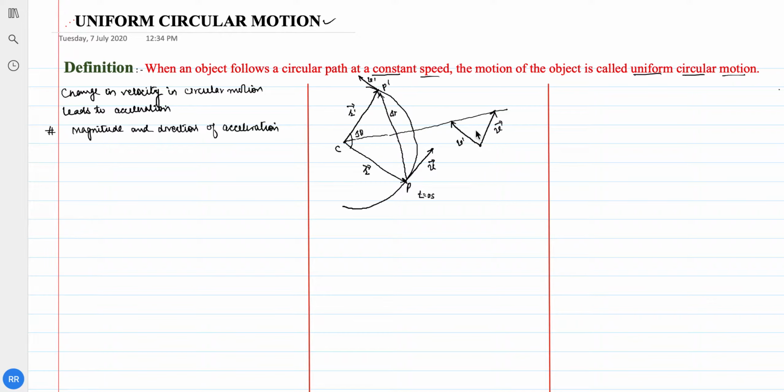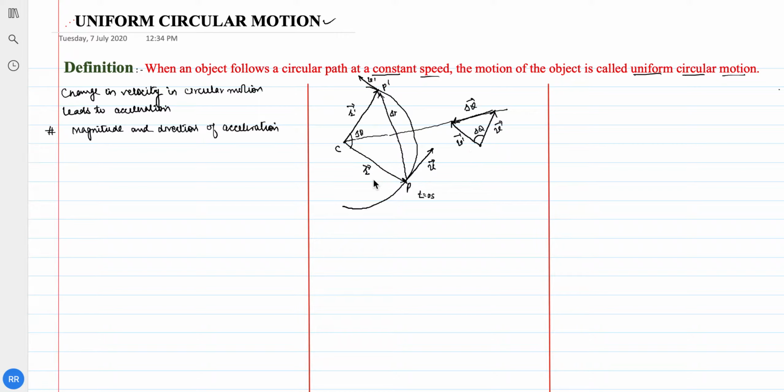Using the triangle law of vector addition, the velocity changing from v to v prime can be represented by this line. This is delta v vector, and this angle is also delta theta, right?